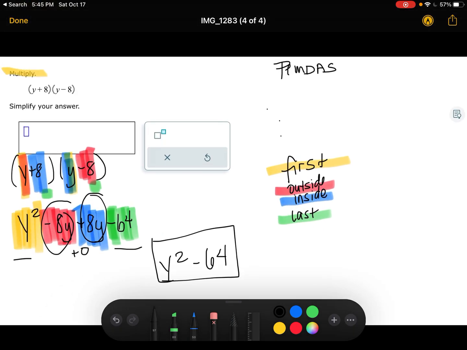Now I know someone's going to say, well, Miss Evans, can I just multiply the two variables and the two numbers together? And the answer to that is no. You will not always have two y's and two numbers that cancel each other out. It doesn't always work that way.